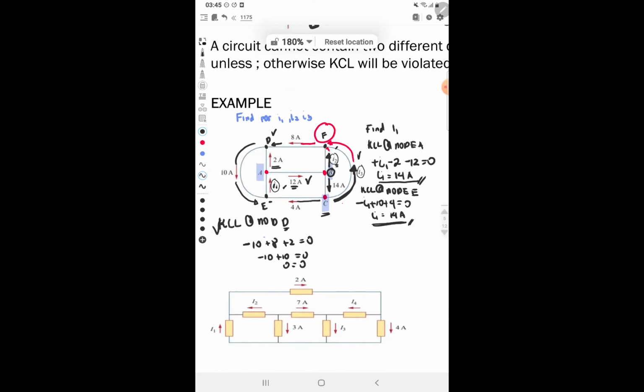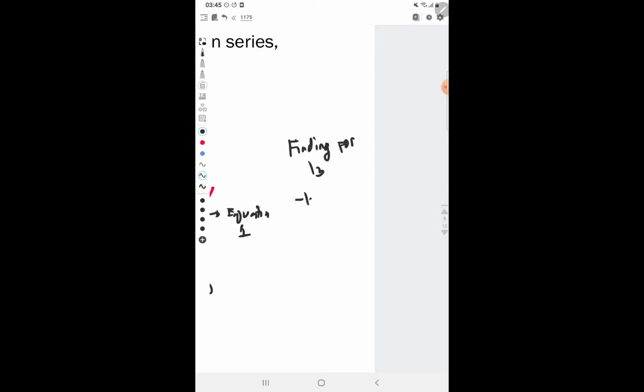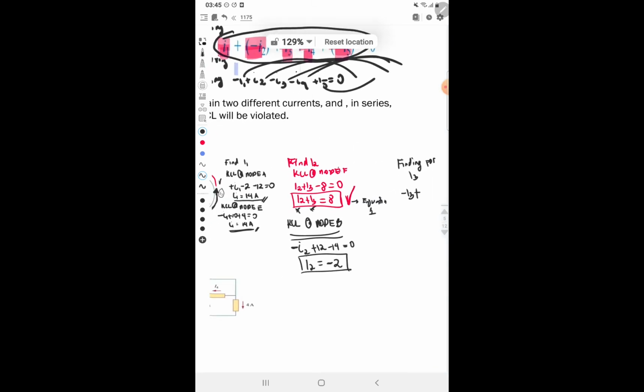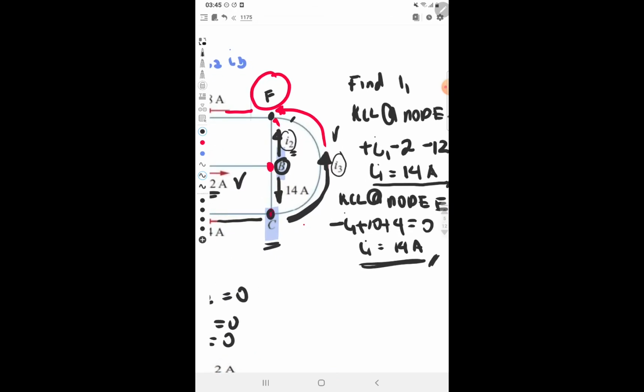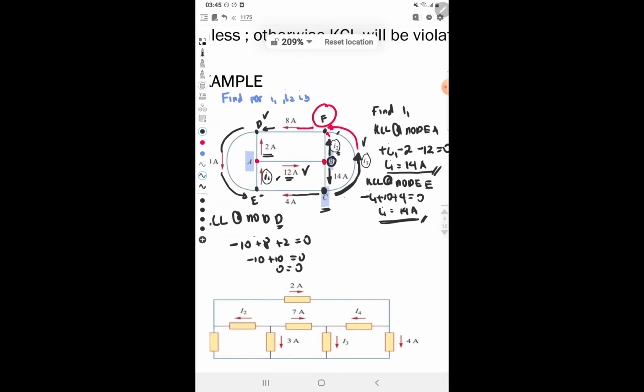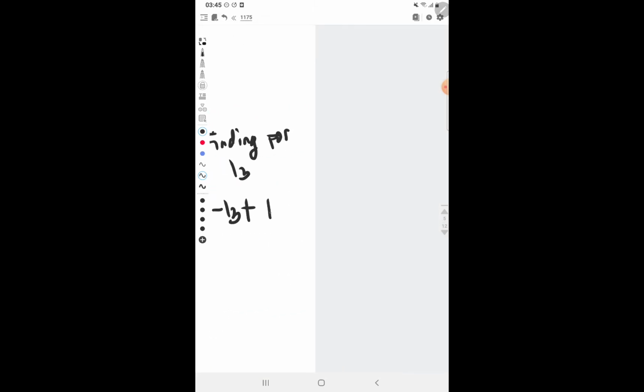So, we have negative I3 because it is going out the node, plus yung ating 14 ampere papasok minus 4 ampere palabas. So, plus 14 less 4.